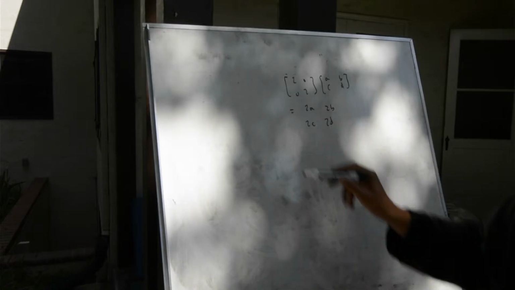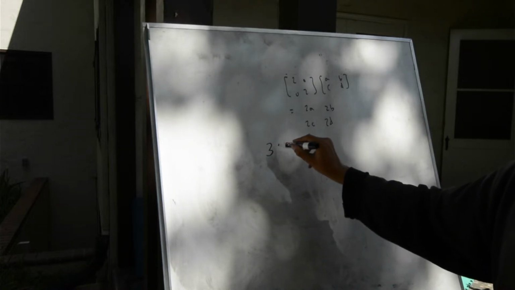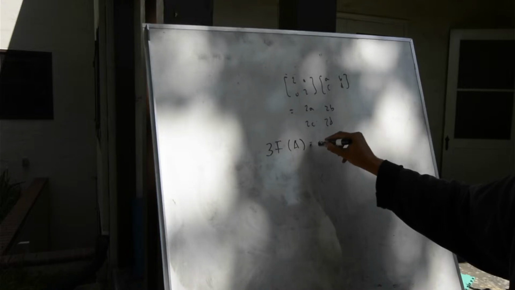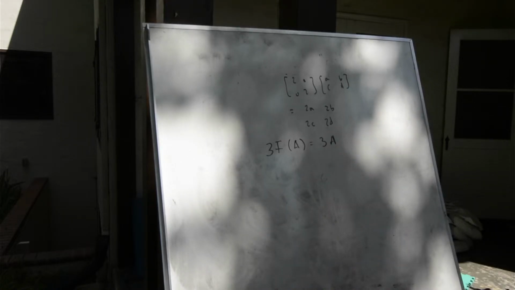Okay, so for that one with the identity, 3IA, it's the same as just multiplying. So 3IA is equal to 3A. You really don't need the I.